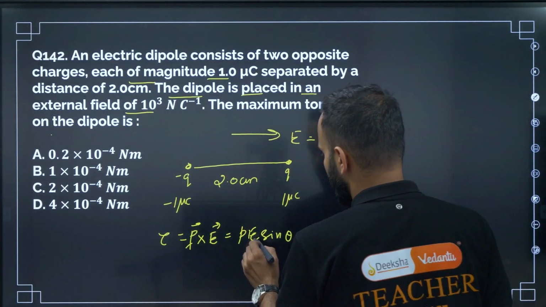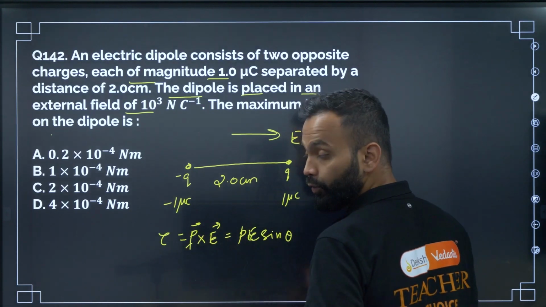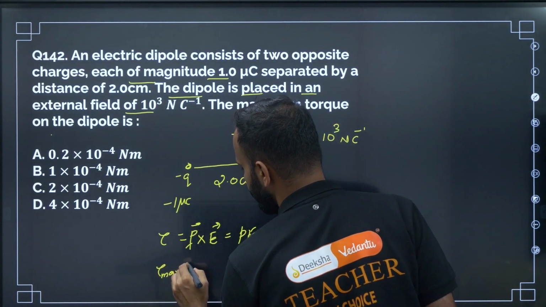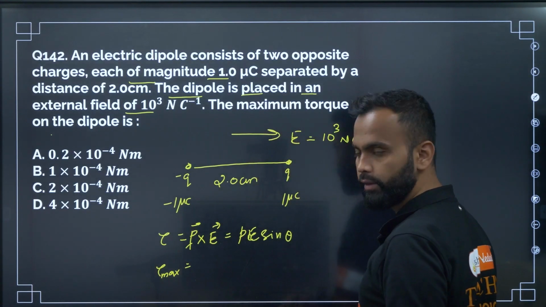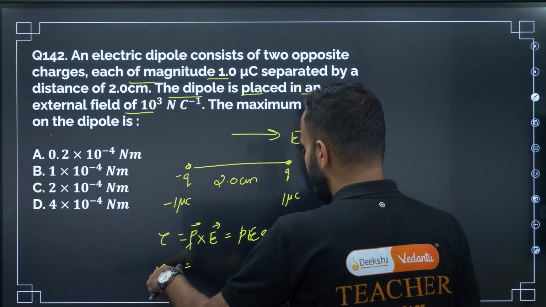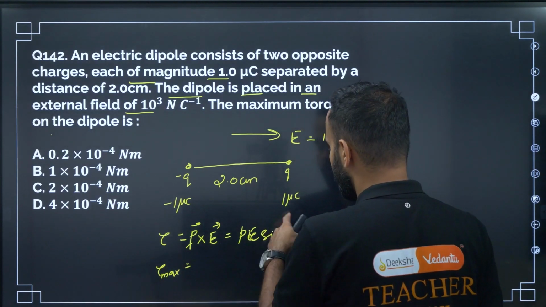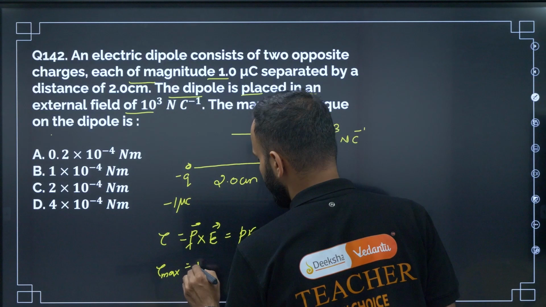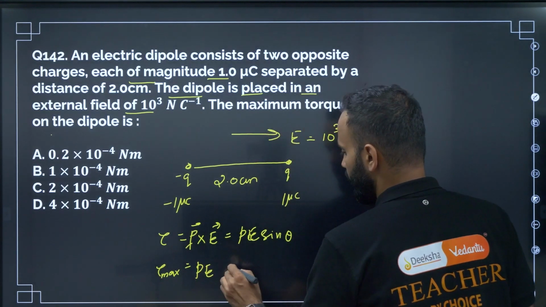Here we need to find the maximum value of the torque, which is equal to P into E. Why? Because to have the maximum torque, sin theta has to be maximum, that is 1.